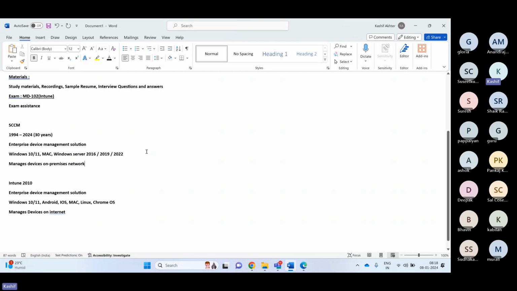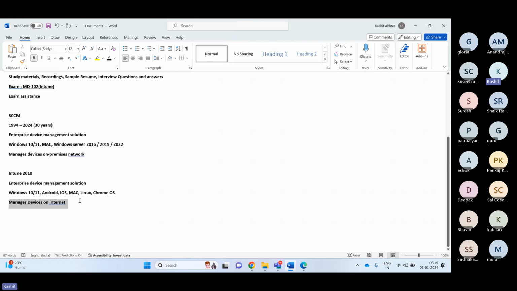Okay, generally it also manages devices on the internet, but very rarely. So mostly it is focusing on managing devices on premises. Like if the devices are inside office premises, then SCCM will be able to manage devices. Okay, if the devices are outside office premises on the internet, then it can manage, but very limited devices. But Intune is basically managing all the devices on the internet.